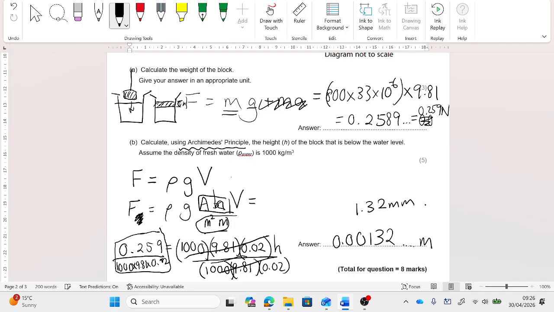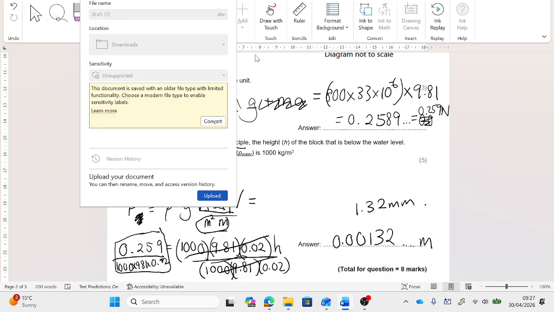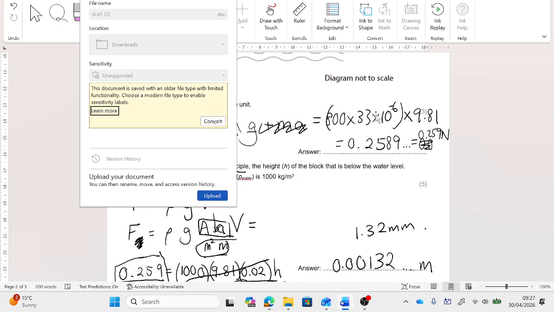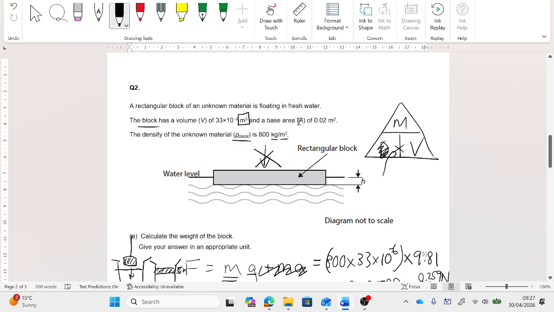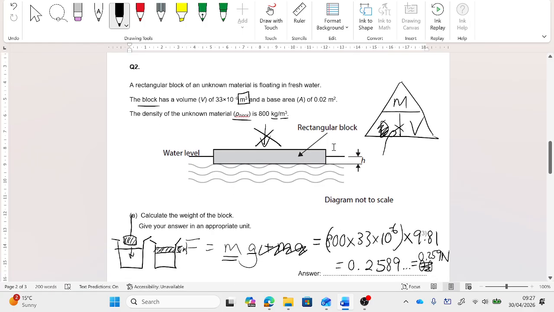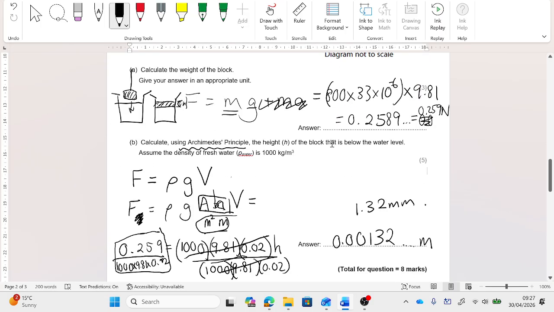Now I think, let me just double check. If I have 0.02, yeah, that's it. 0.02 is indeed the area in meters squared, so there's no SI unit issue. I feel it's a little bit small. It only goes in by 1 millimeter, but maybe that's the case.